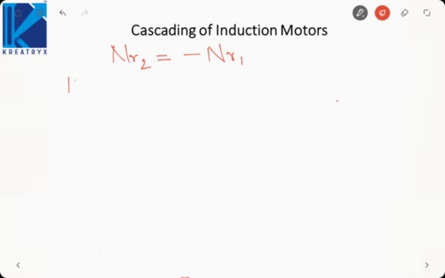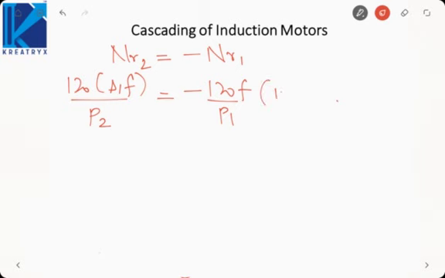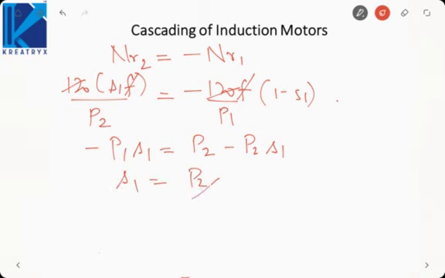So here the speeds that we are talking about are their natural tendencies, which are opposite of each other. So we will say 120 into S1F by P2 is equal to minus 120 into F by P1, into (1 minus S1). So minus P1 S1 is equal to P2 minus P2 S1. So S1 will be P2 by (P2 minus P1).